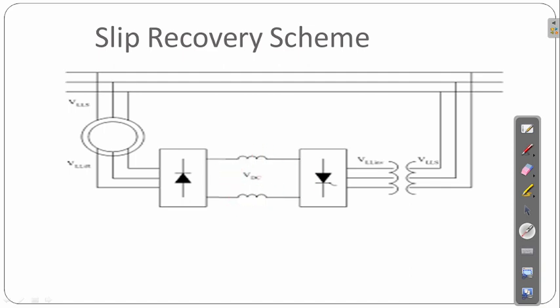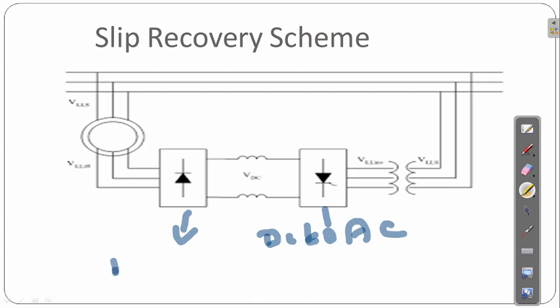Then this inverter is used to convert that particular DC to AC supply. Here the conversion is from AC to DC, alternating current to direct current. Then here the pure DC voltage will come. After that, the DC to AC voltage conversion takes place over here.